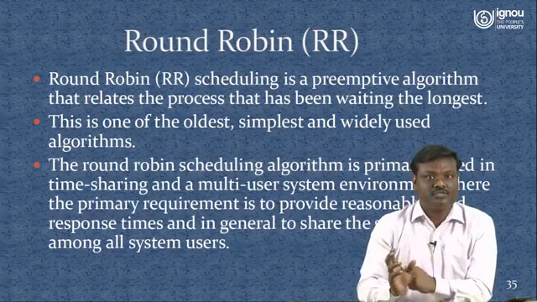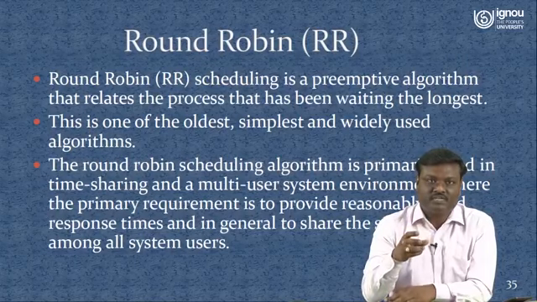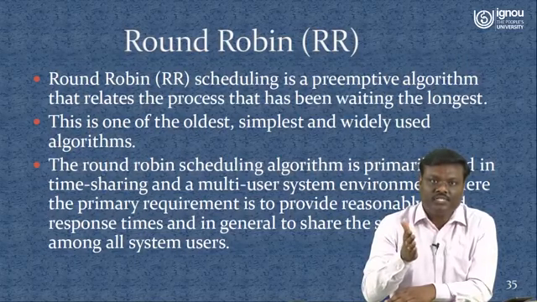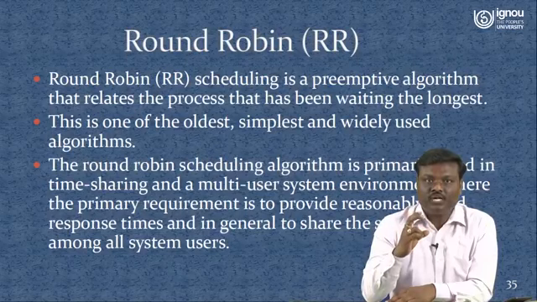The quantum is defined within the system software itself, like 4 units of time comprises a quantum, or 10 units of time comprises a quantum. So that quantum is the main factor which will be playing the main role.